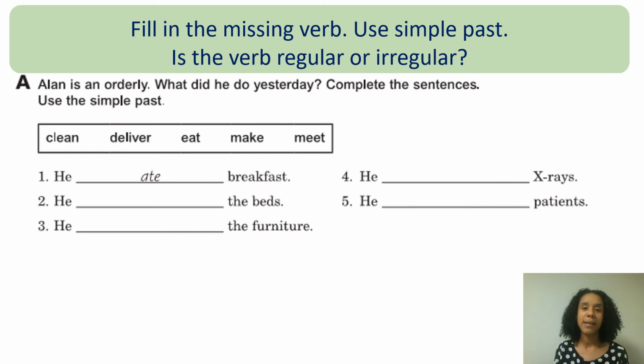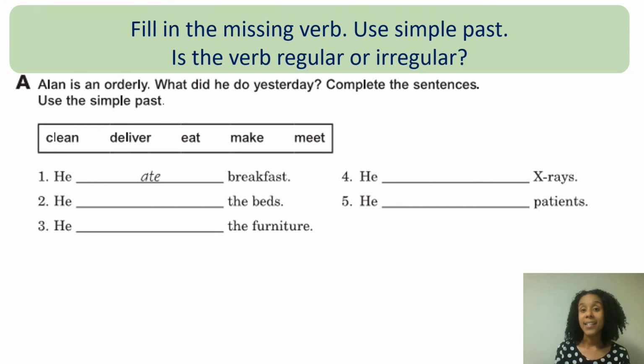Let's look at the example. He blank breakfast. We look at the word bank and we can see the best choice there is eat. What is eat in simple past? Ate. So number 1, he ate breakfast. Is ate an irregular or regular verb?